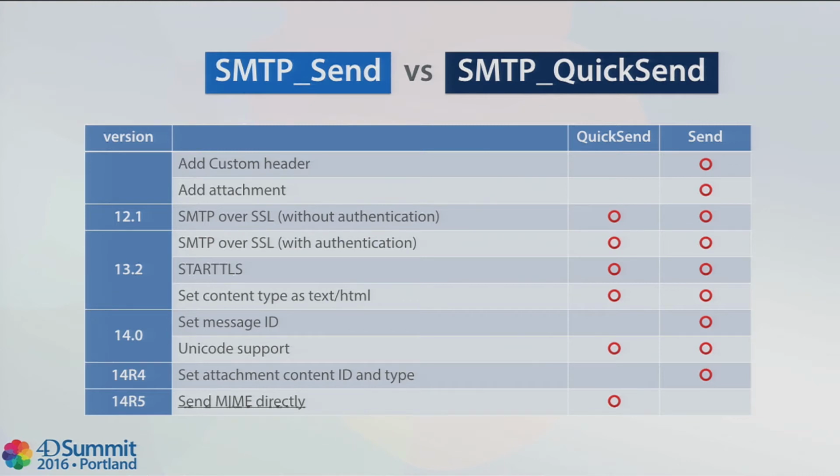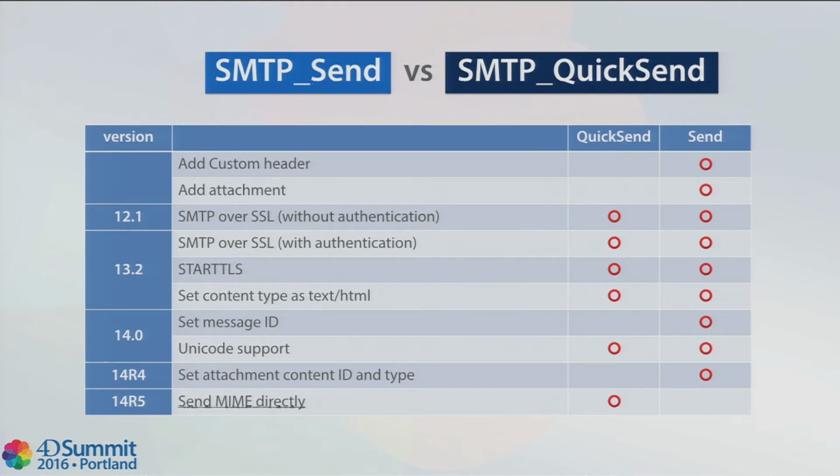This table does a quick comparison of what is possible with the send command as opposed to the QuickSend command. And as you would expect, all features are pretty much supported by the send command, whereas the QuickSend command does a good job, but some features, like adding a custom header, adding an attachment, or things like that, are not supported with QuickSend.